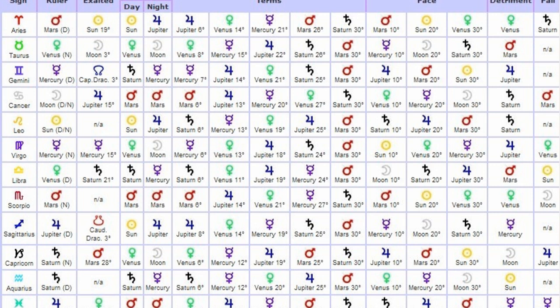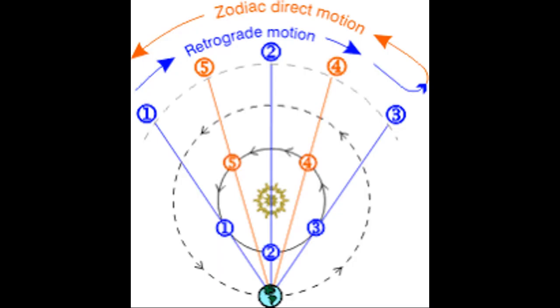When it's in another dignity than exaltation or domicile, it means that these planets are placed in places having their own resources to work. When it's in direct motion, it means that it's moving forward, so it has strength.